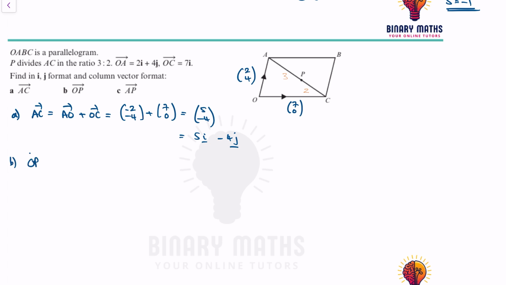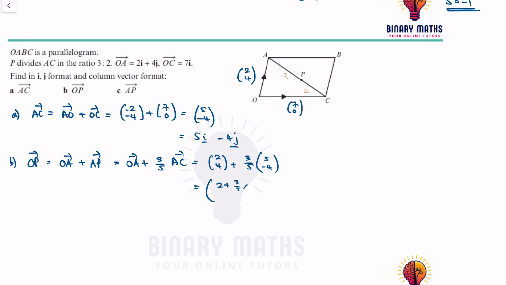B. O to P. O to P is equal to O to A plus A to P, which is the same thing as O to A plus 3/5 of A to C. O to A is just 2, 4 plus 3/5 of, well, worked out in part A, which is 5, minus 4, which ends up with 2 plus 3/5 times 5 and 4 plus 3/5 times minus 4.